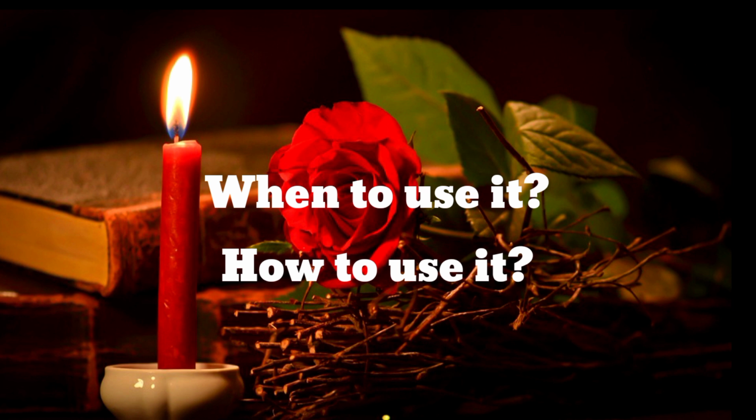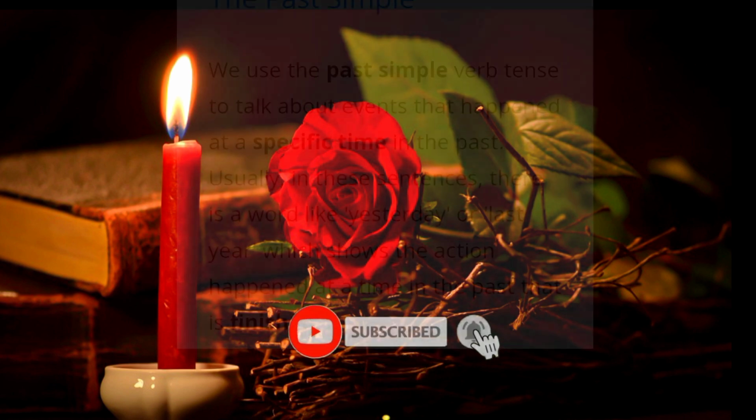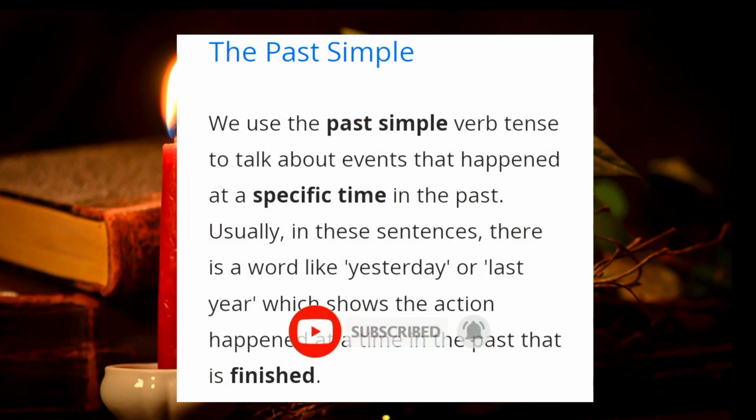Before I start past perfect tense, first I want to revise past simple tense. We use the past simple verb tense to talk about events that happened at a specific time in the past.